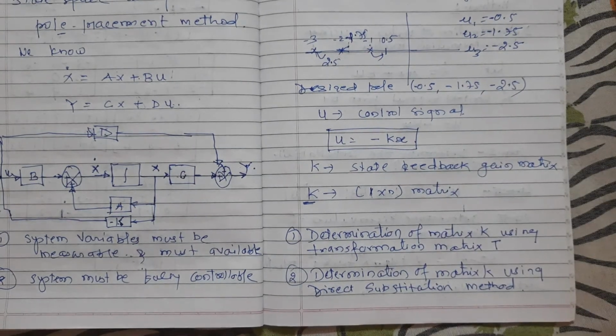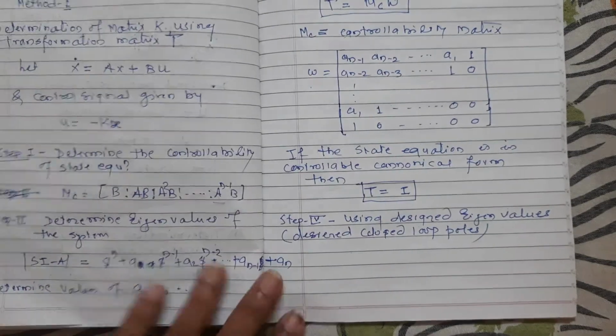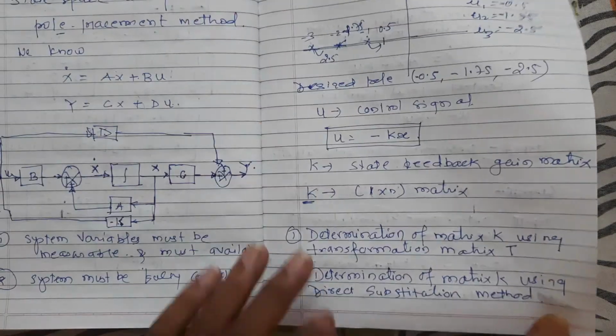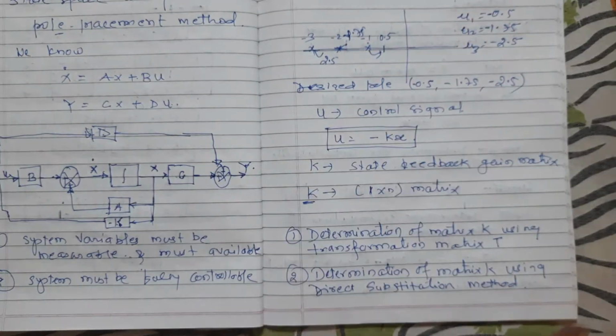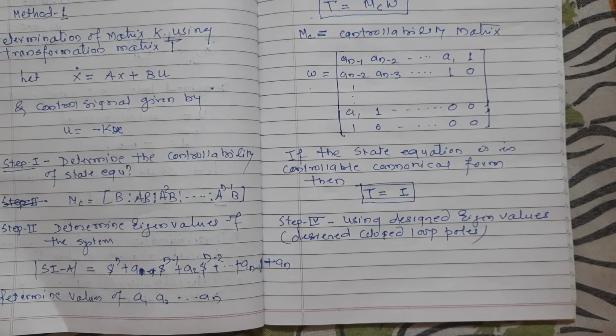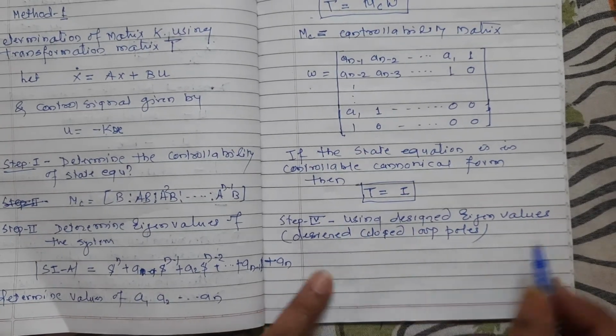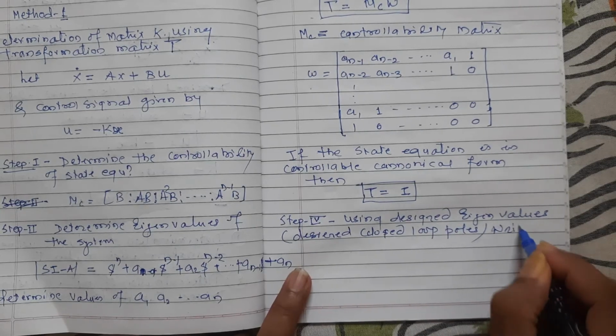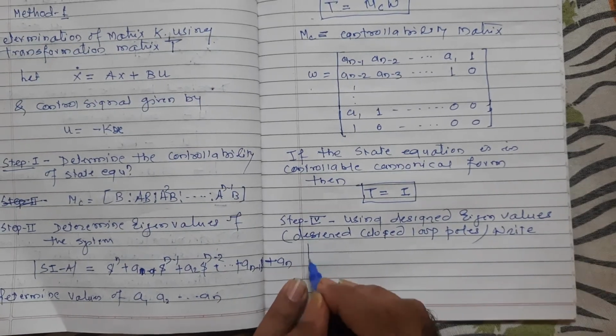So we have to use these values. Using desired eigenvalues, that means using these values, we have to write the polynomial equation.